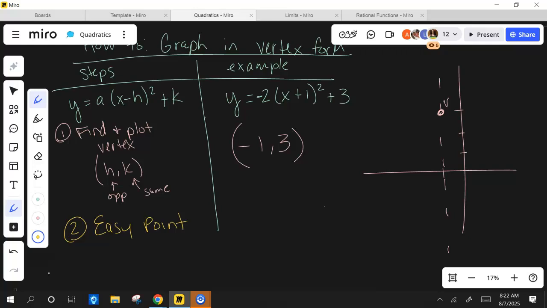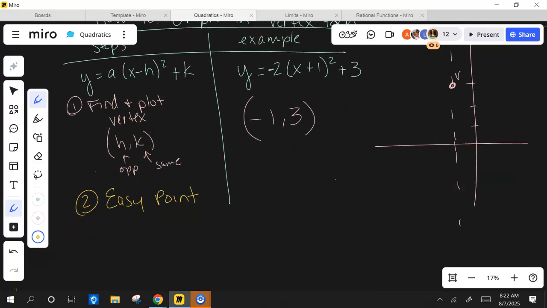So what is close to -1 that is easy to plug in? 0. That is exactly what I would pick. Does it have to be 0? No. You might pick 0, your buddy might pick 1, somebody else might pick -2 because they might go the other way. It doesn't matter. A parabola is symmetrical, so wherever I am, they're going to look the same when you're done, okay? You just need a point. So let's plug her in.